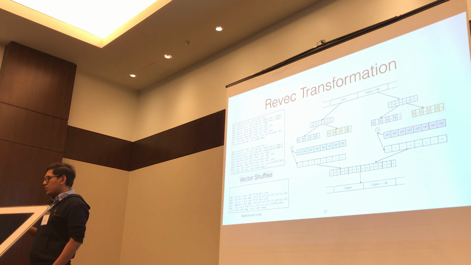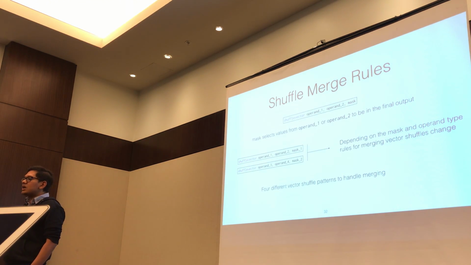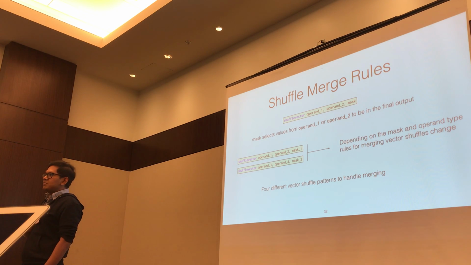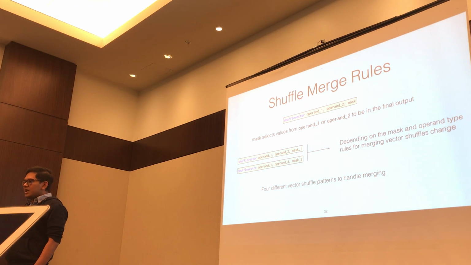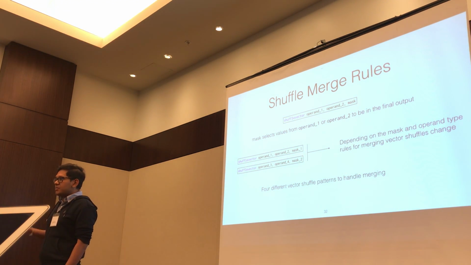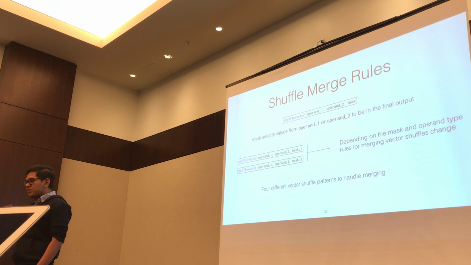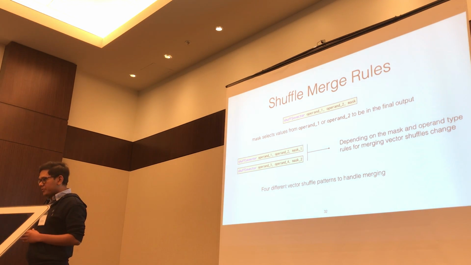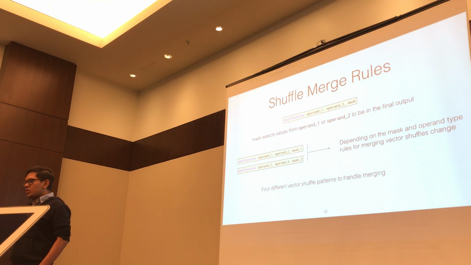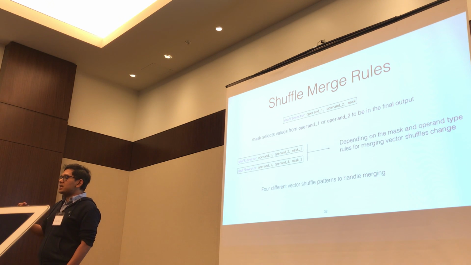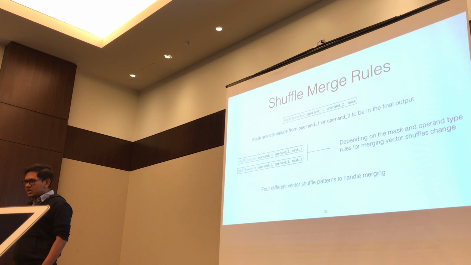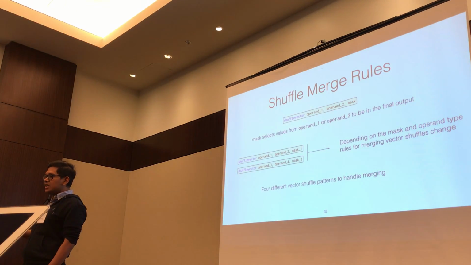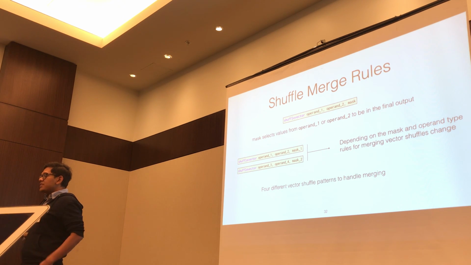So before I go into that, let's see how LLVM represents vector shuffles. It consumes two operands and a mask. The mask decides what elements will be selected out of operand 1 and operand 2 to be in the final output. So when you are trying to emit a higher vector width instruction, Revec needs to see whether two shuffle vectors can be merged.